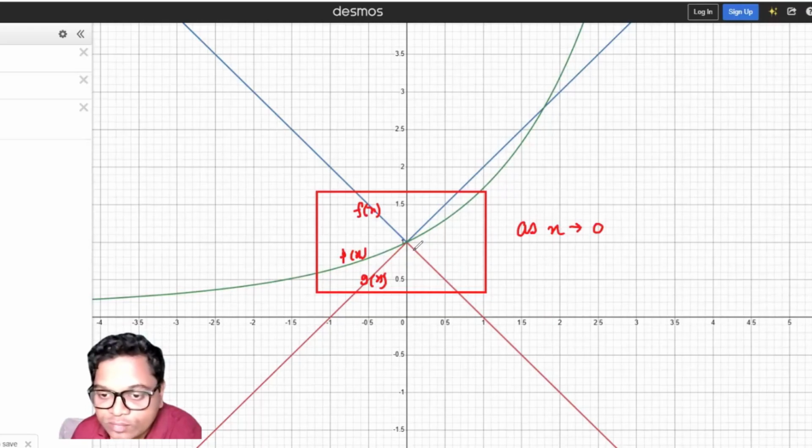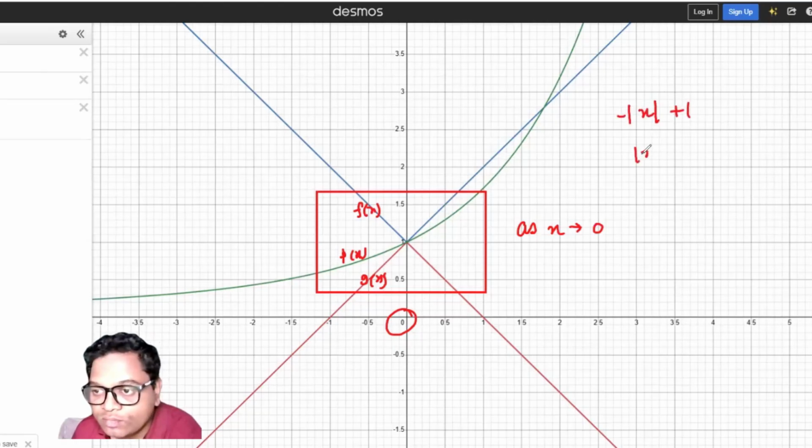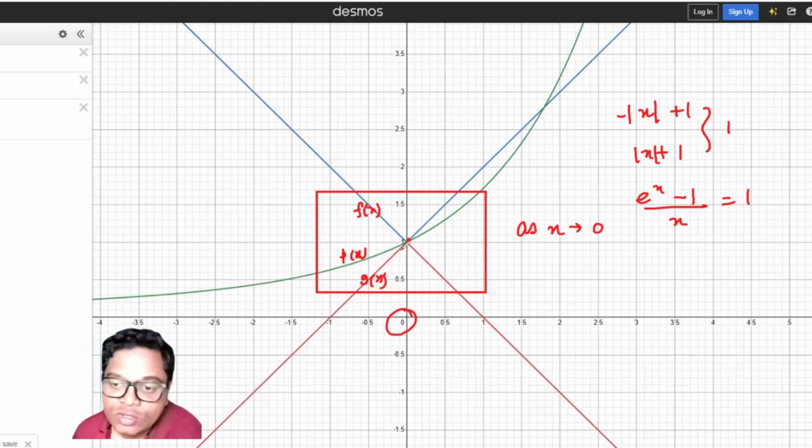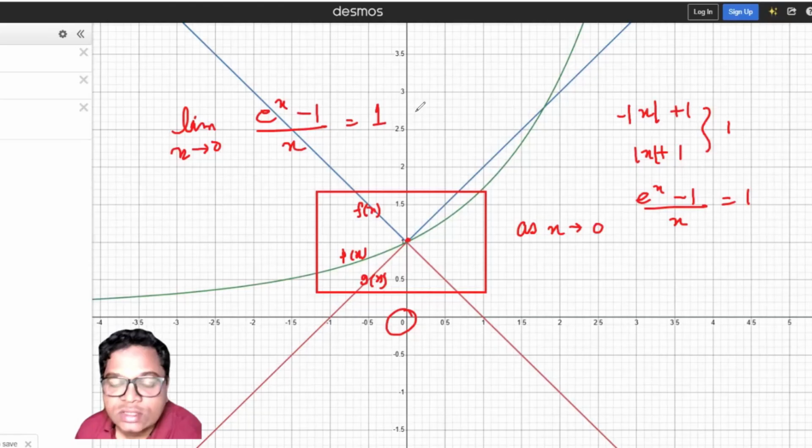And according to the squeeze theorem, if at a point, like say x equal to 0, both the functions, negative mod x plus 1 and mod x plus 1, both will give you 1 as an answer. And therefore, we can say that (e raised to x minus 1) upon x also gives you 1 as an answer. So this is another proof for the same. Limit x tends to 0, (e raised to x minus 1) upon x, the answer is 1.